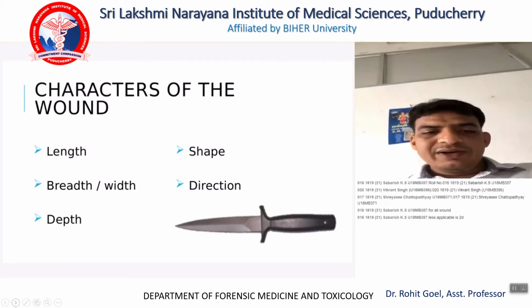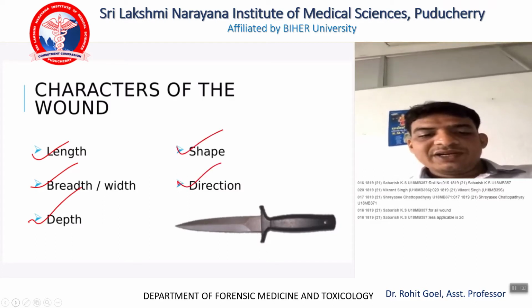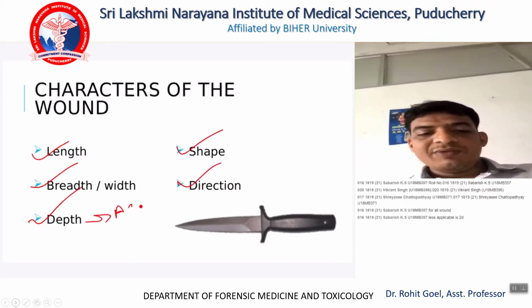Then we looked at the different characteristics of the wound which are supposed to be mentioned when you are examining a case of such a wound: length, breadth, depth, shape, action. Depth has to be ascertained at the time of autopsy or at the time of operation of the patient in the OT or in the autopsy room.